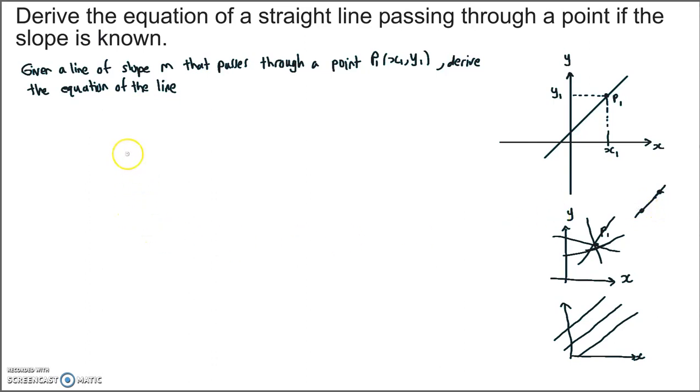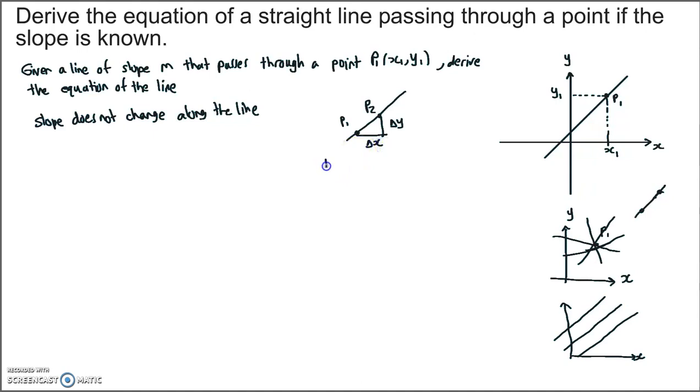So how are we going to derive the equation? The property of the straight line is that the slope does not change along the line. So for any 2 points that we pick, so let's say this is P1 and P2, if we compute the slope of the line, the slope of the line is the difference in the y coordinates divided by the difference in the x coordinates.